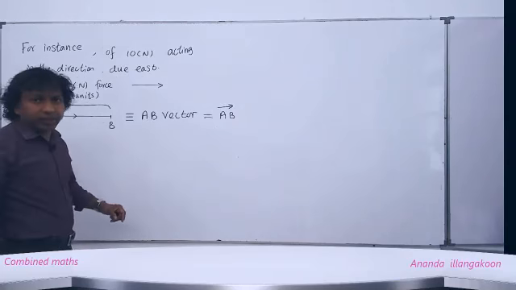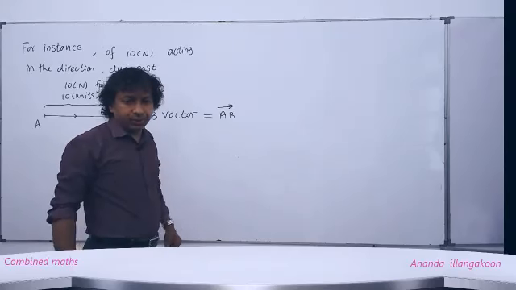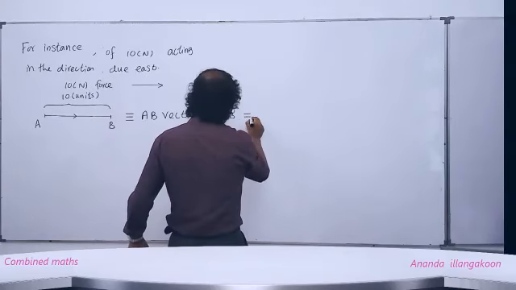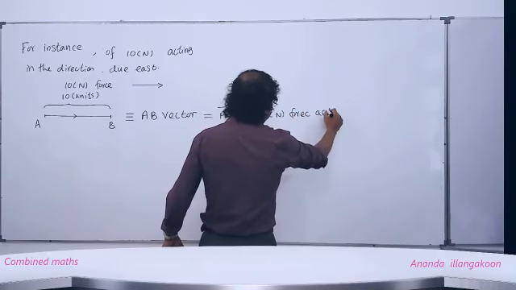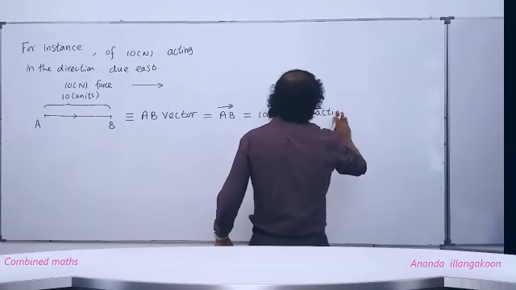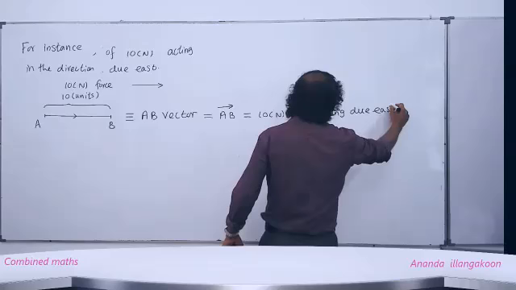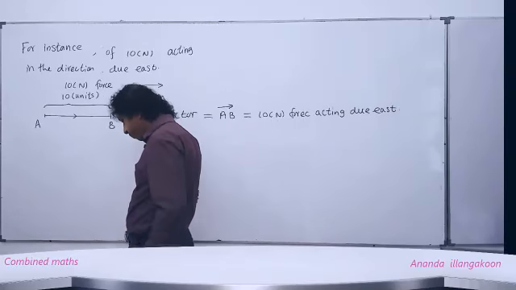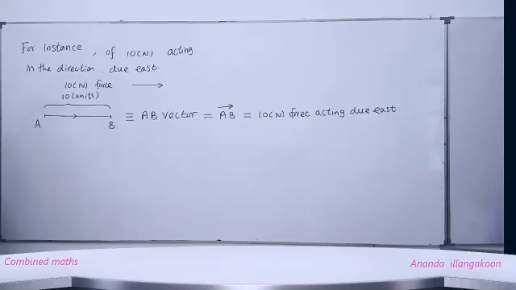Then by this AB vector, what do we get? 10 newton force acting due east. Understood? Right.